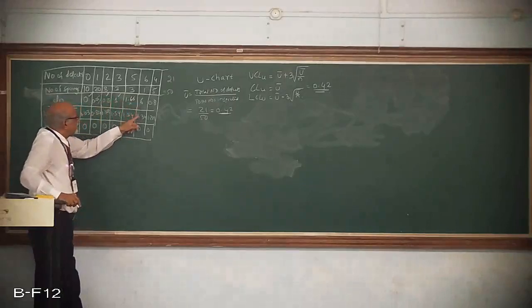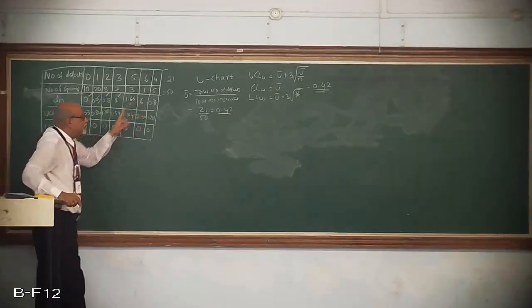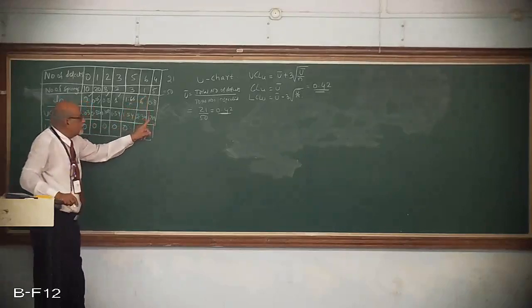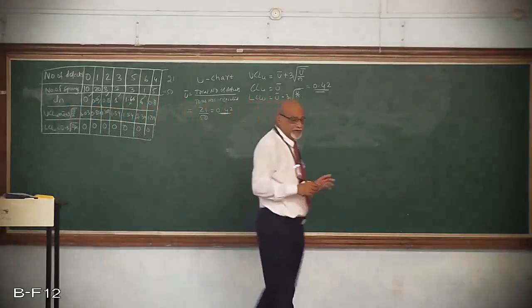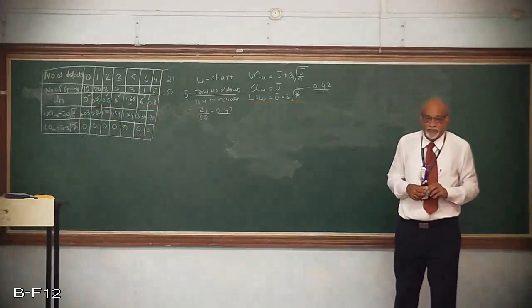And this one expected 2.36, but actual, how much we have got? 6. This is also out of control. This is the thing. 1.289 expected, 0.8. So what always we compare is the actual value with respect to the expected value.